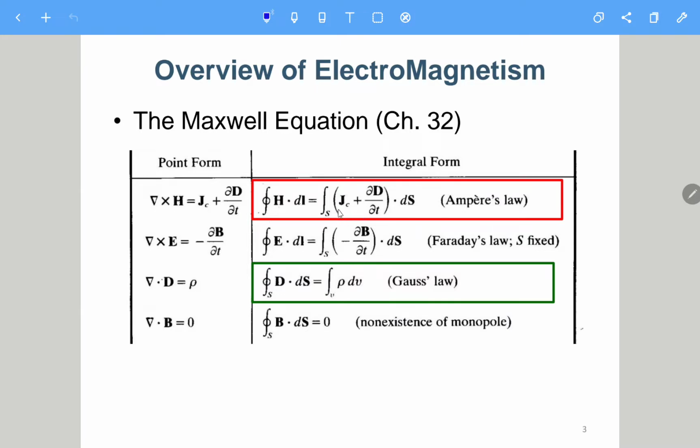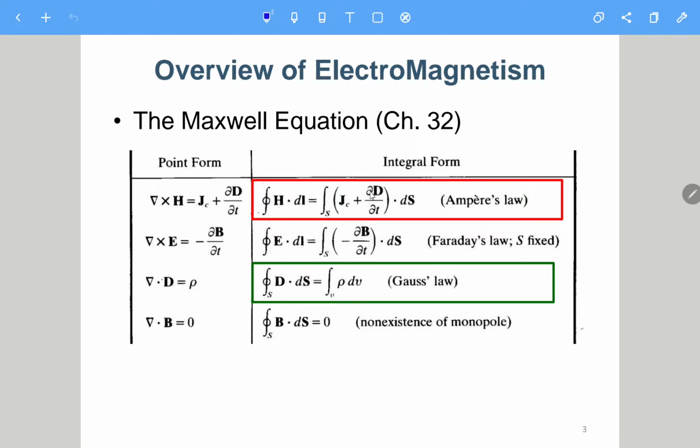And in this chapter, we only consider this current. For this term, we'll talk about it in chapter 33, the so-called displacement current. So this is the current in the conventional sense, but this one is the displacement current.